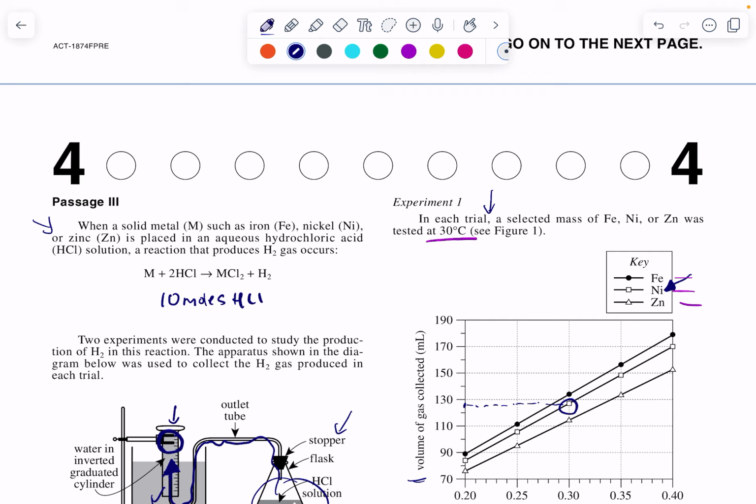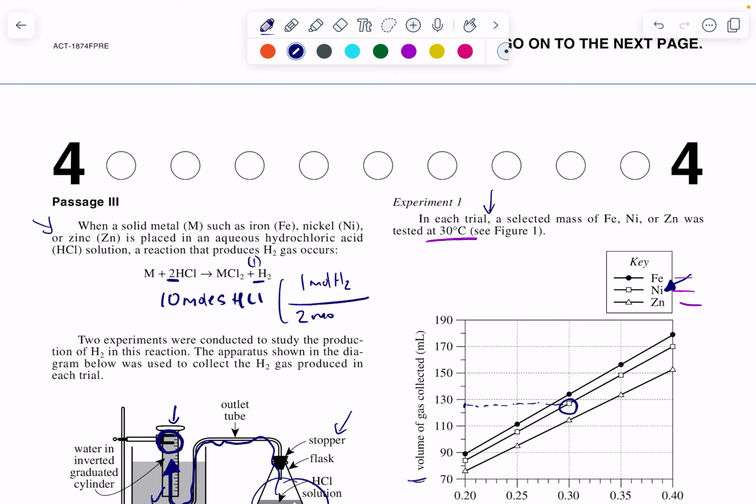Now, in a balanced equation, we can see we have a ratio here that there's 2 HCl for every H2. Scientists are lazy. We don't write ones when there's only one of something. So it's creating 1 H2.